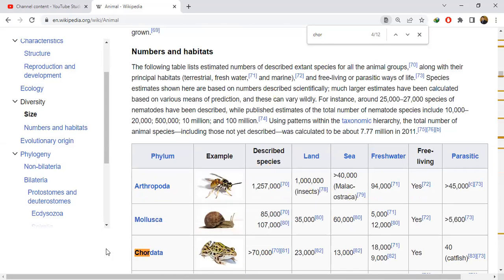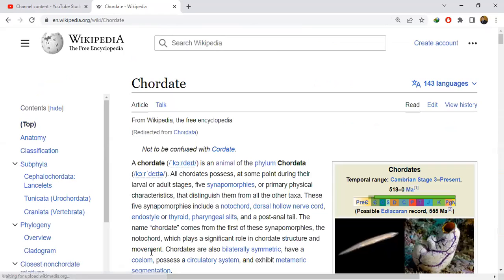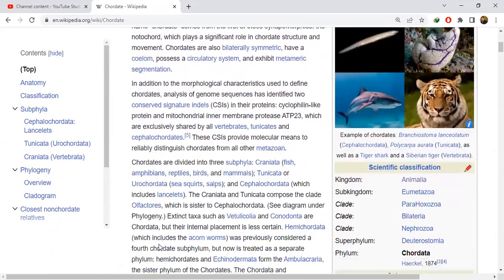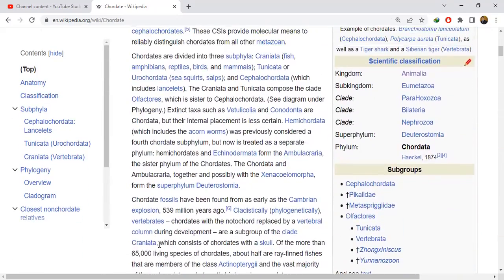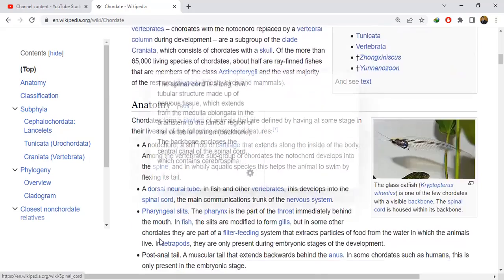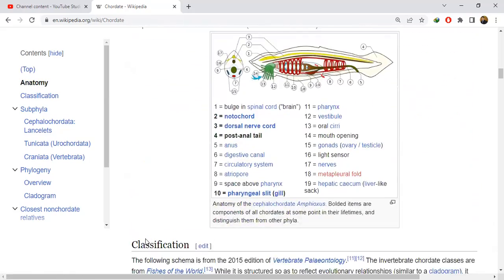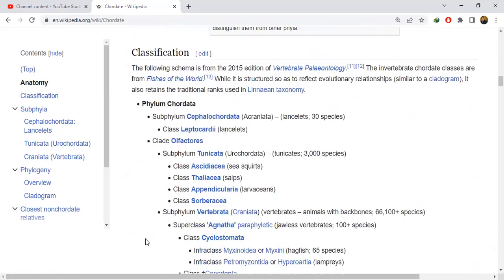I am going into Chordata. Now I am inside the phylum Chordata. What are you expecting? Classes.